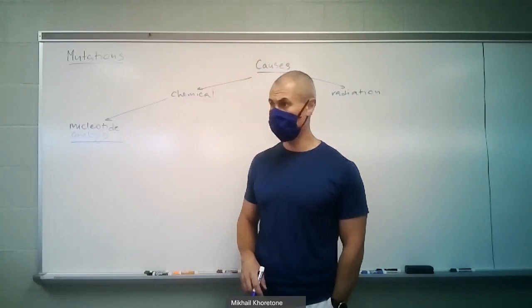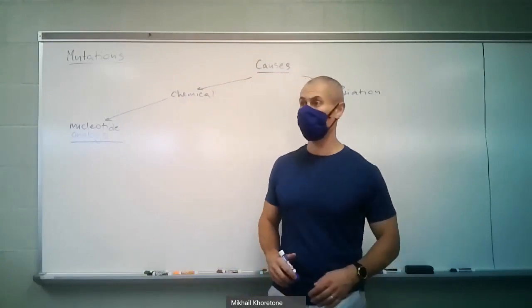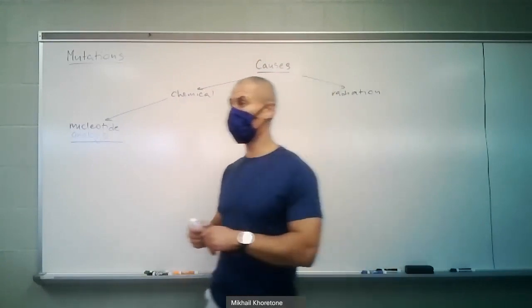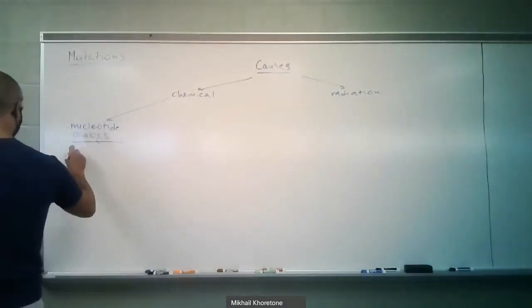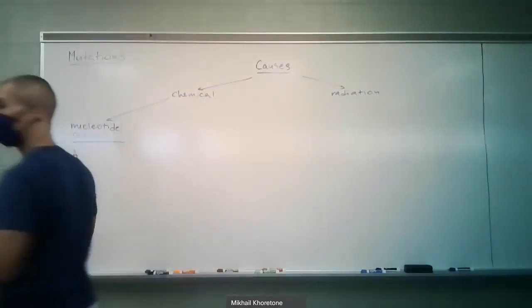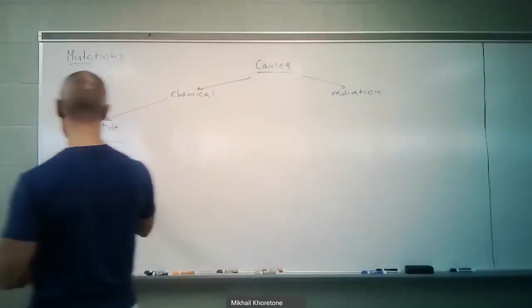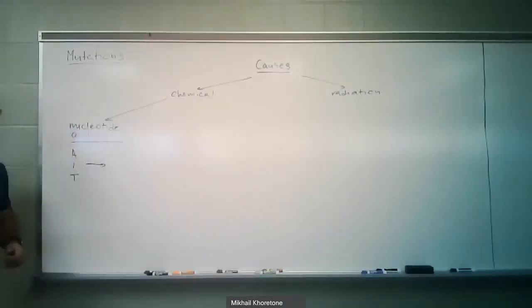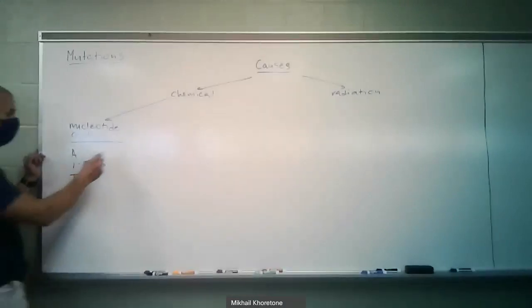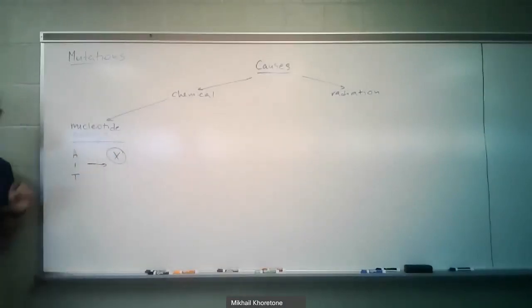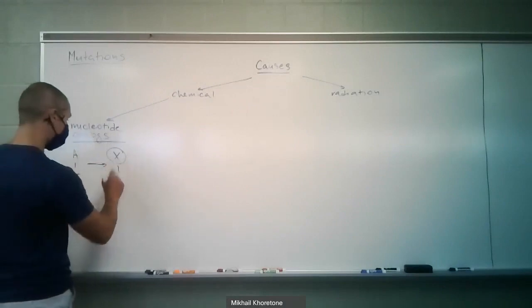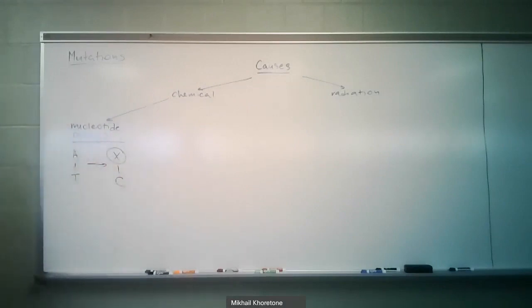Okay, that makes sense? So nucleotide analogues, let's say you had a T pair, you use a nucleotide analog that can be incorporated in the DNA instead of A. I'm going to call this analog X. But this is an interesting molecule because in the next round of replication, X is going to be paired with C. Does that make sense?